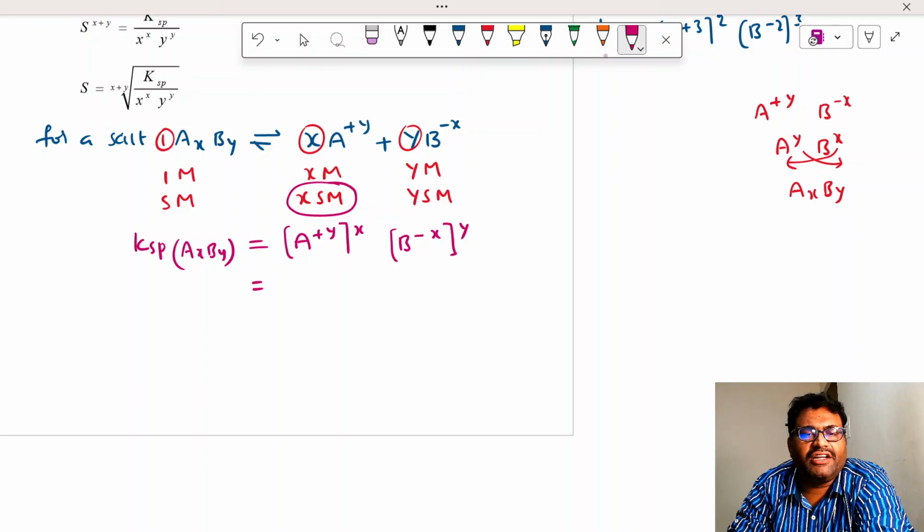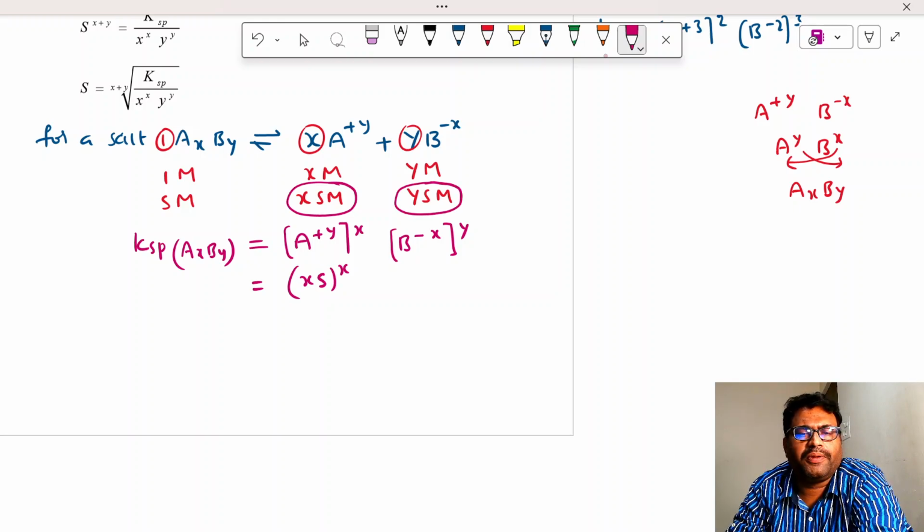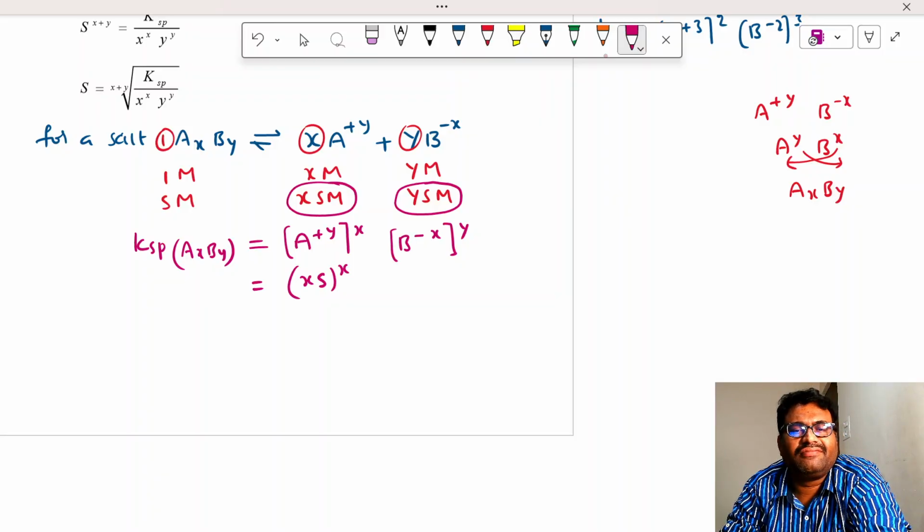So I can write X into S power X, and here capital M means moles per liter.